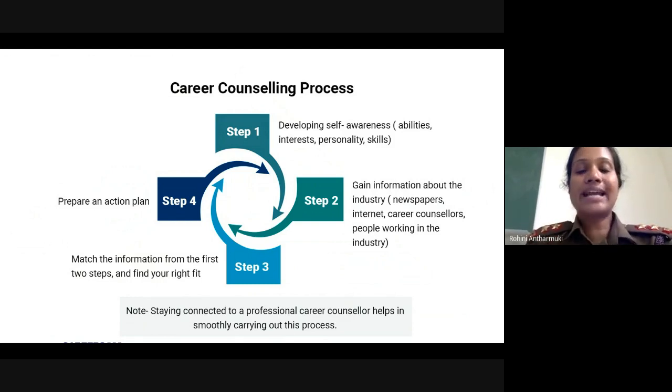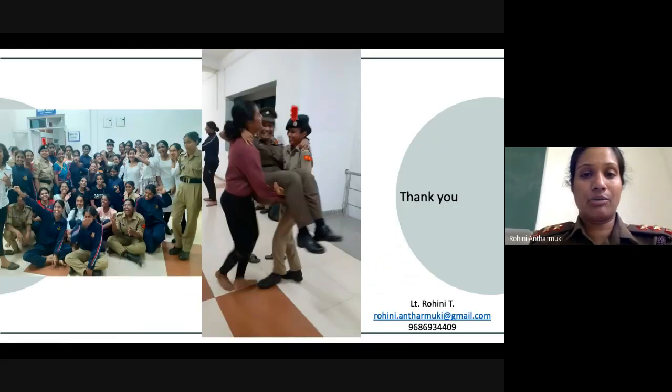So after sticking to a plan, you're supposed to prepare an action plan. That means you have to tell, okay, this is what you need to do, and again check up, evaluate it with the problem. So these are the steps in career counseling.